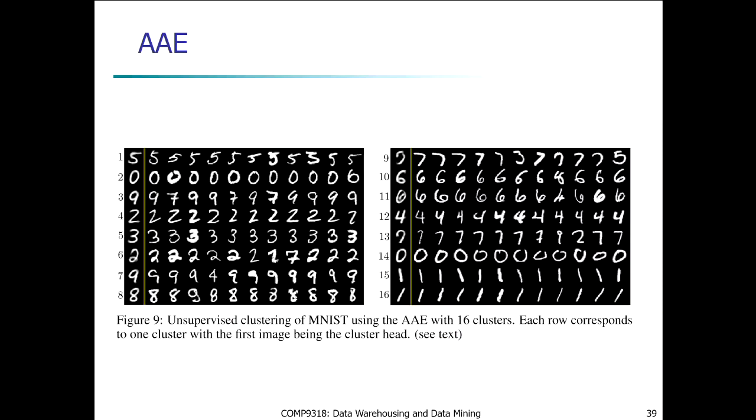Again, I won't talk about this one. This is an adversarial autoencoder, a deep learning kind of thing. Basically, it can do better clustering. Although it's called unsupervised clustering, it's trying to find clusters as well.